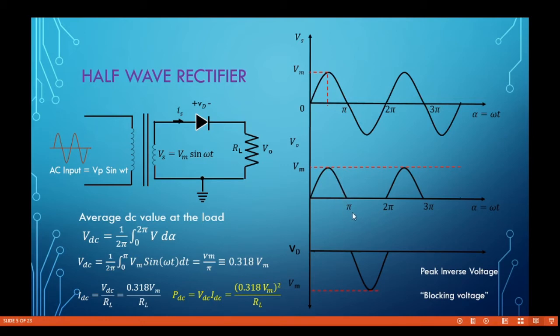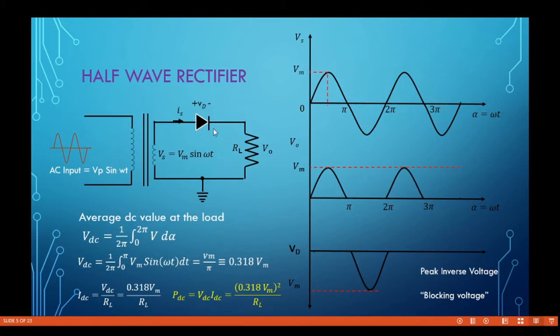Now what happens when the polarity of the input gets changed, from pi to 2 pi? Then this diode gets reverse biased.